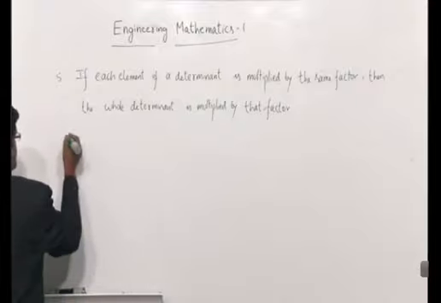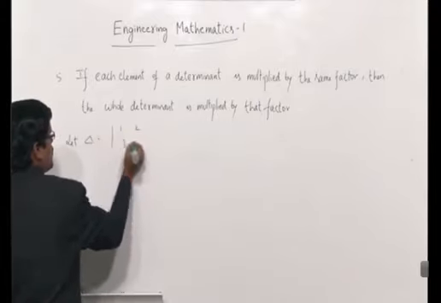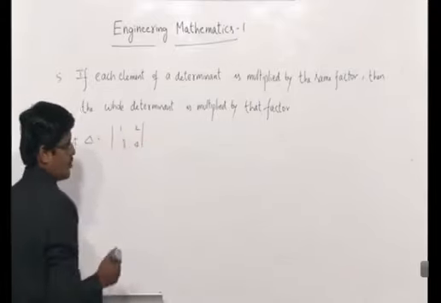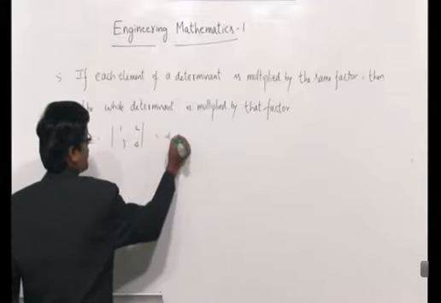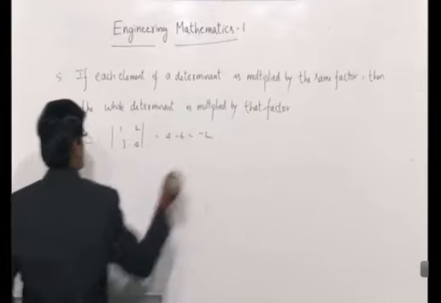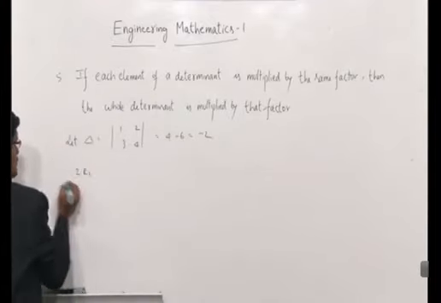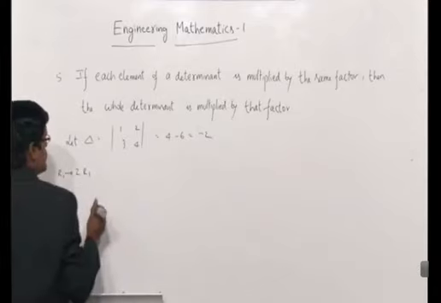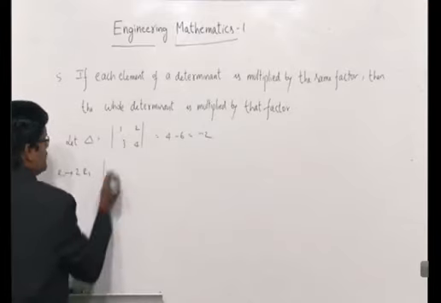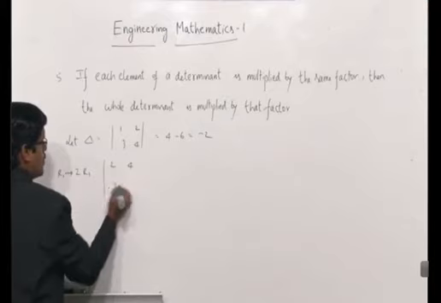Just see. Let delta be equal to 1, 2, 3, 4. What is this value? 4 minus 6, that is minus 2. Now I am applying 2R1, so every element of the first row is multiplied by 2. This gives 2, 4, 3, 4.